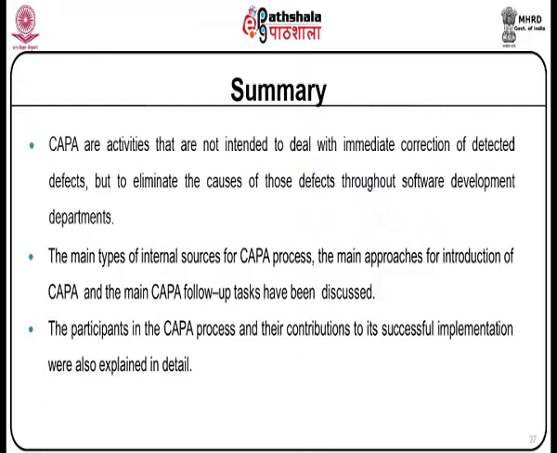The main types of internal sources for the corrective and preventive action process, the main approaches for introduction of corrective and preventive actions, and the main corrective and preventive actions follow-up tasks have been discussed. The participants in the corrective and preventive actions process and their contributions to its successful implementation were also explained in detail.